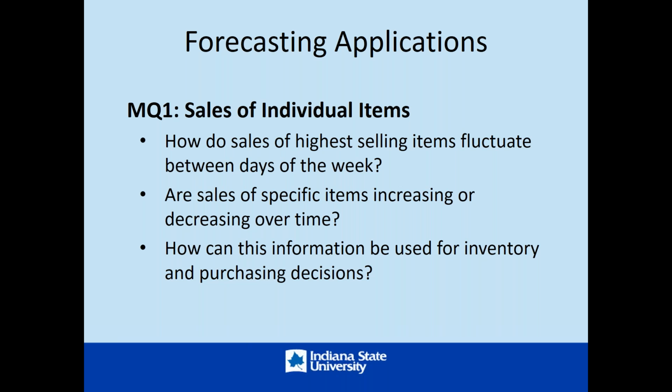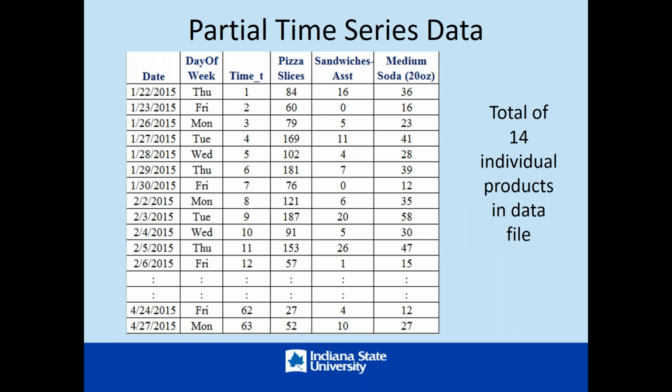When should they order? How much should they have on hand for inventory purposes? Also for purchasing decisions, and also trying to figure out if there were items that were trending over time, either increasing or decreasing. So they're really interested in analyzing individual items.